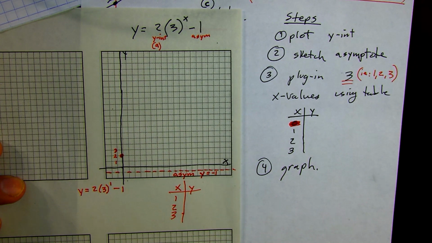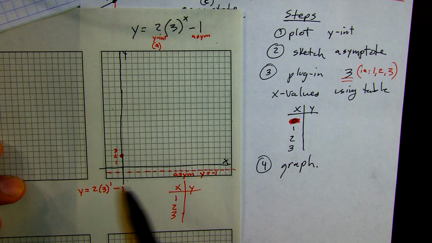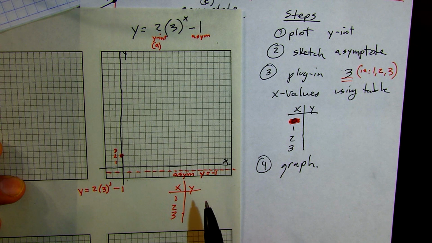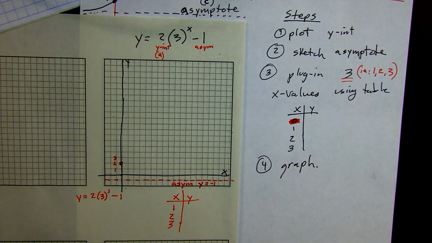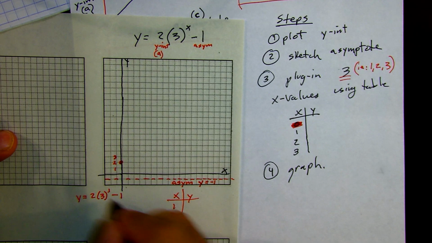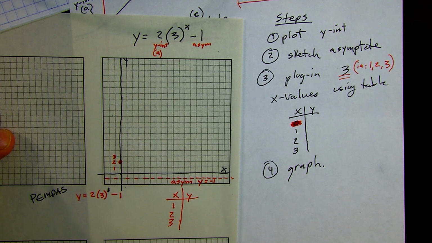So what did I do? For my x value, I plugged in 1. So you plug in 1 right here, and now it's just PEMDAS. In the parentheses, there's nothing to do.